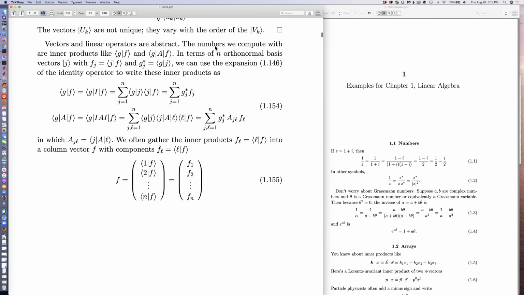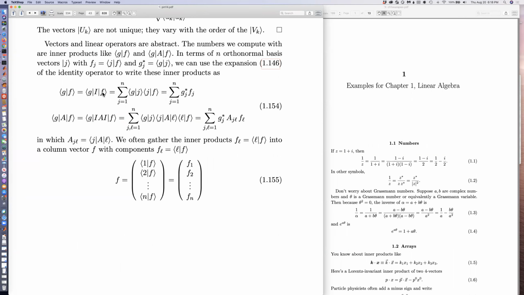Anyway, the numbers we compute with, as I said, are inner products like that. And in particular, if we insert identity operators, there's no change.